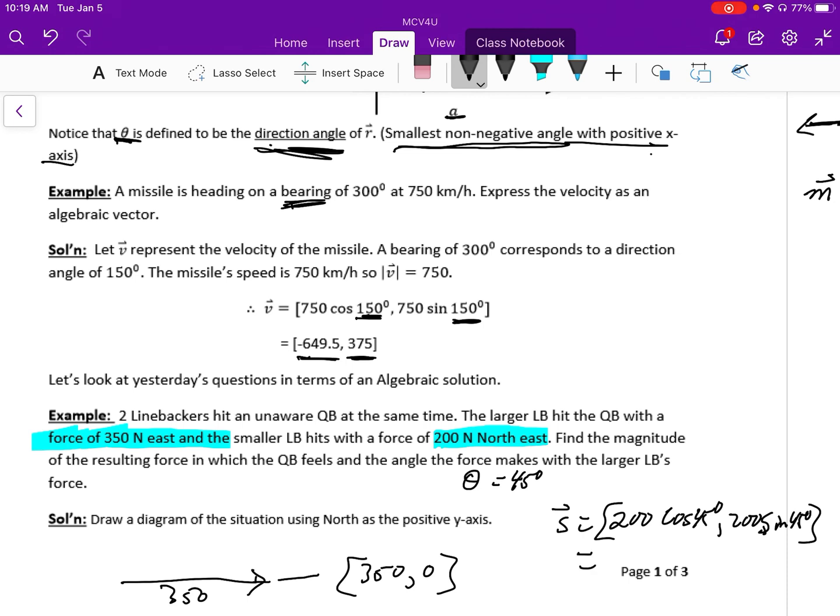So 200 times the sine of 45, or times the cos of 45 degrees, is about 141.42, because they're the same.